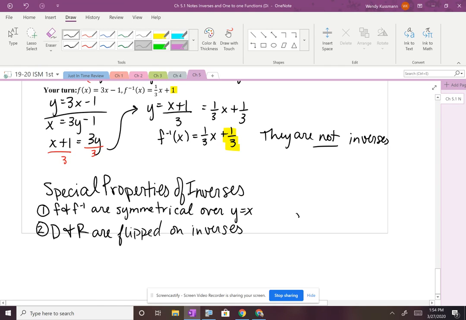For example, if you have f of x, and your domain was x is greater than or equal to 0 and your range was all real numbers, then the domain and range of the inverse are going to flip because you flip your x's and y's. So your y's in your original function, all real numbers, will then become your x's. And your original x's will then become your y's. In this case, it'll change to y is greater than or equal to 0. Those are some special properties about inverses that hold true all the time.